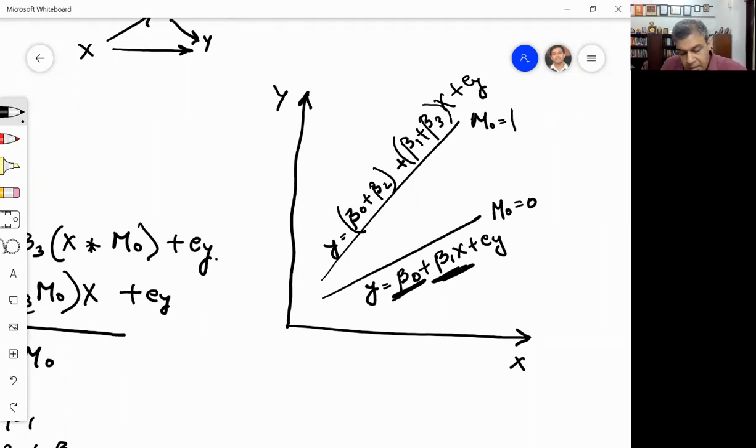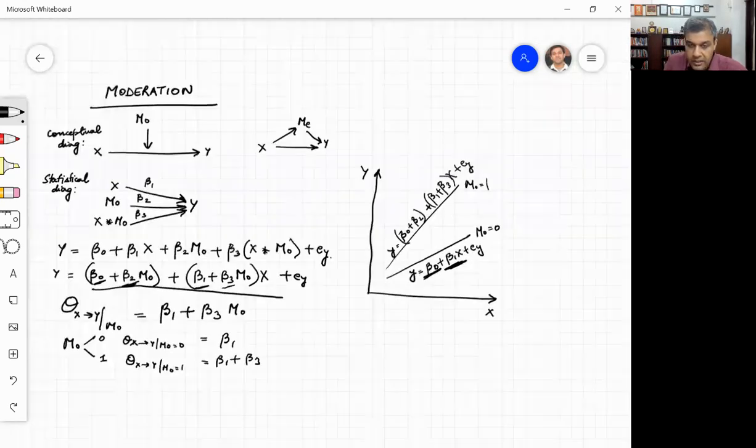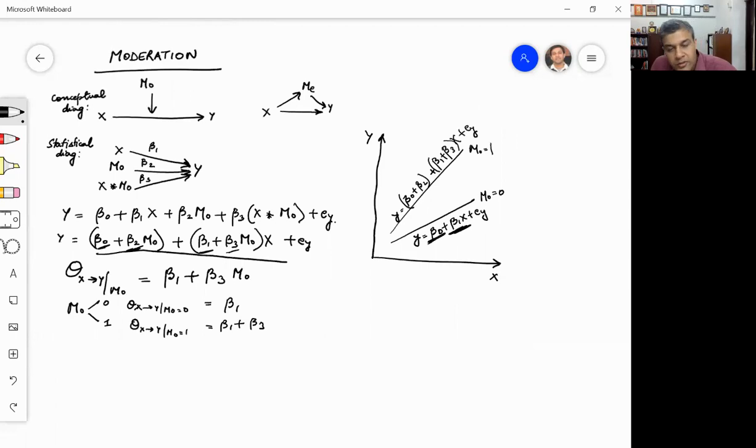So why is moderation tested or used or done in research? Because moderation helps you understand variables or conditions that will change the magnitude of these relationships. So when moderator was not there, the relationship between X and Y was beta 1. But when moderator is there, the relationship has increased, which has become beta 1 plus beta 3.